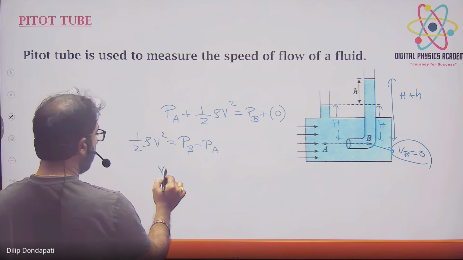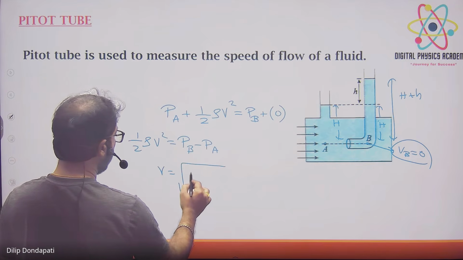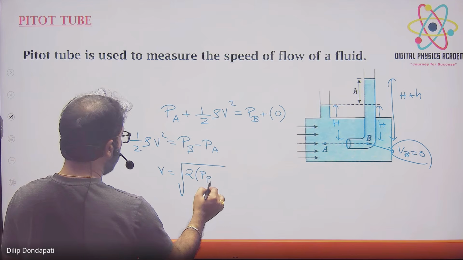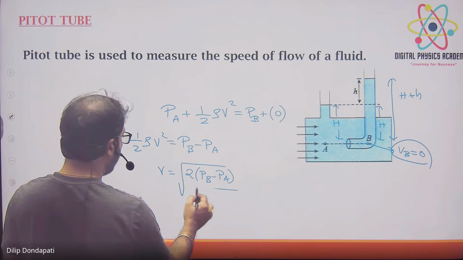So therefore v is equal to under root 2 times pb minus pa by rho.